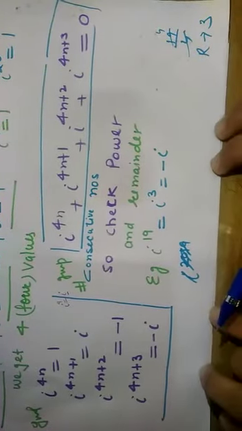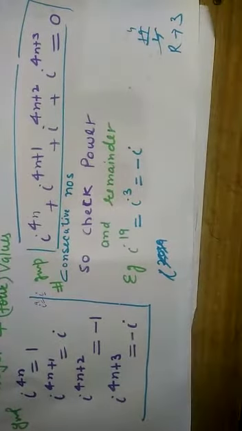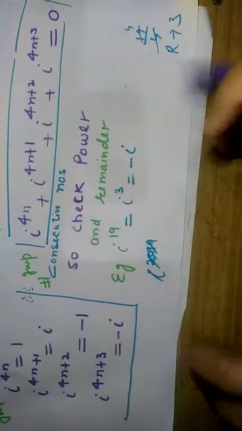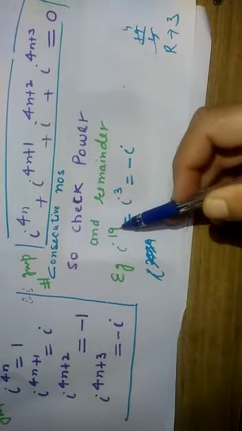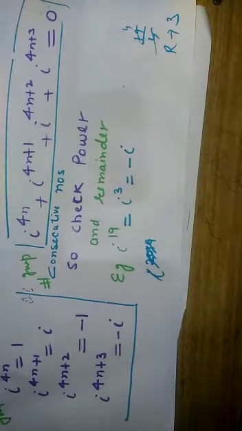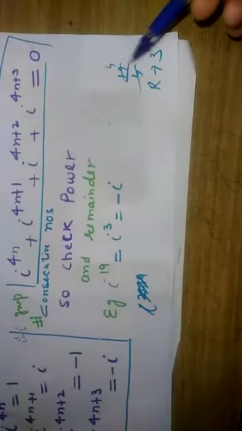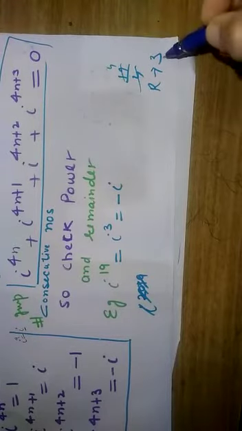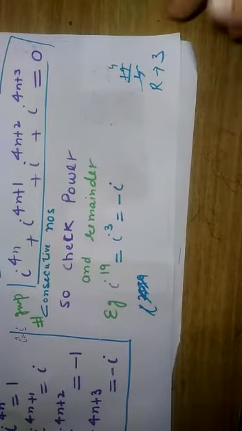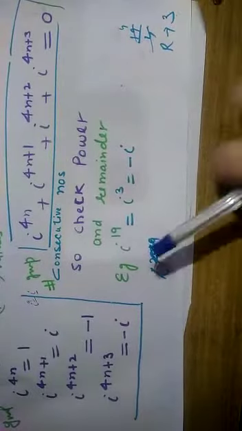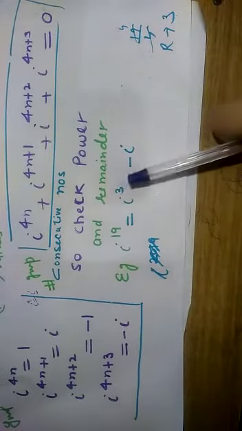So let's check the powers and the remainders. Suppose I have iota raised to power 19. Is 19 a multiple of 4 or not? Let's check. 19 divided by 4 gives me the remainder 3.